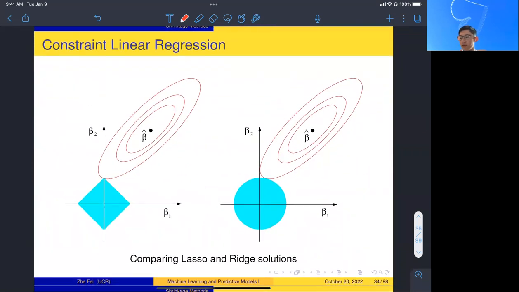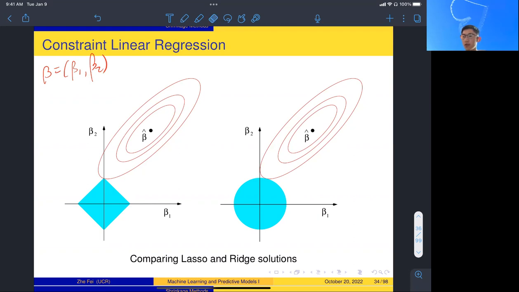So here is a very classic illustration comparing the lasso and ridge penalties. In this illustration, we consider two beta values, beta 1 and beta 2. So your beta is only beta 1 and beta 2, and it's a slightly different formulation, where we have the constraint instead of the penalty, but the idea is the same.